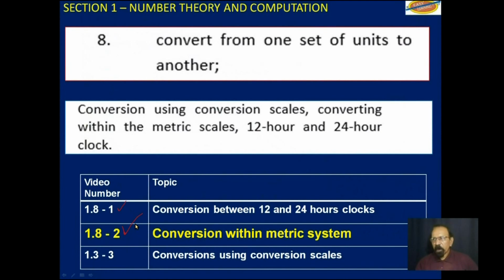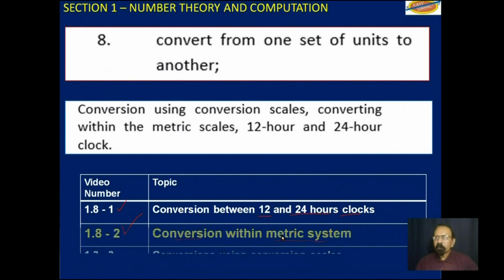The last video was part 1, where we looked at conversion between 12 and 24 hour clock. Now, in this video, we are looking at conversion within the metric system.